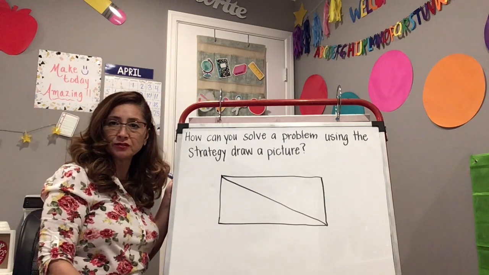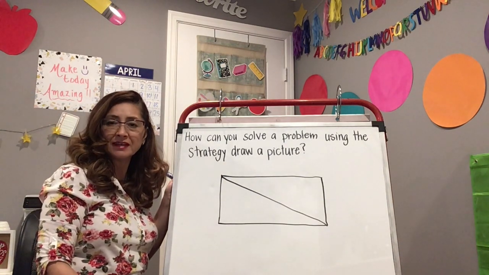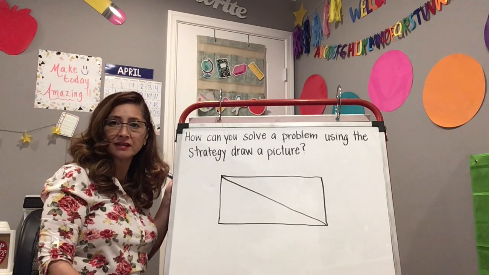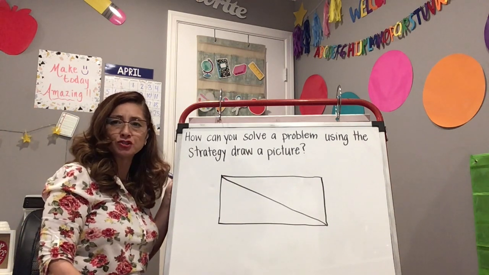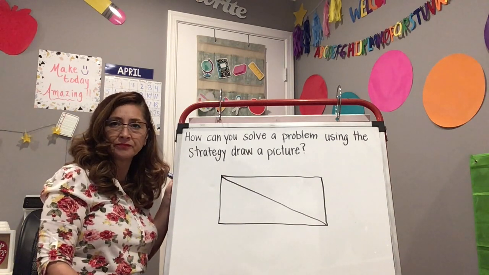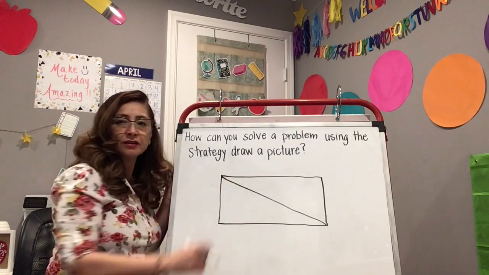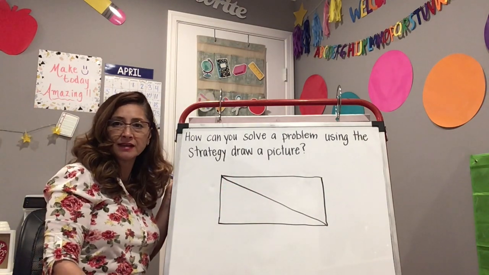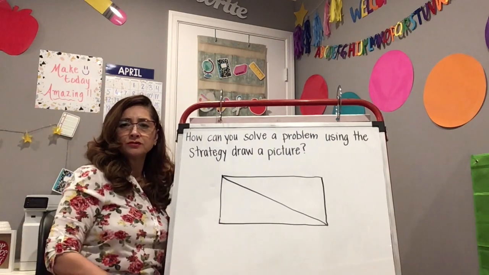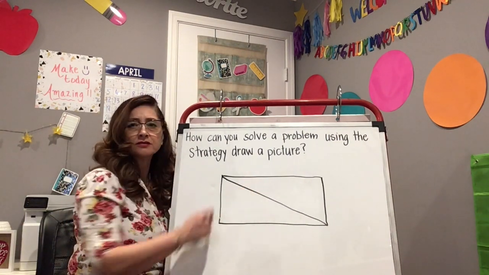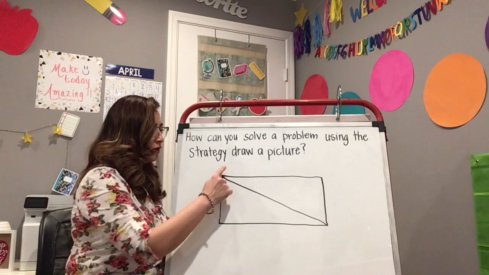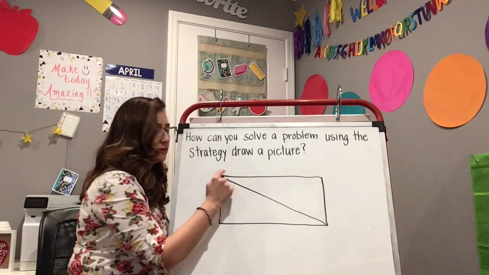What shapes do you see now? Yes, that's right, triangles. How many triangles do you see? Great. 1, 2. You see 2 triangles. How do the triangles relate to the rectangle?